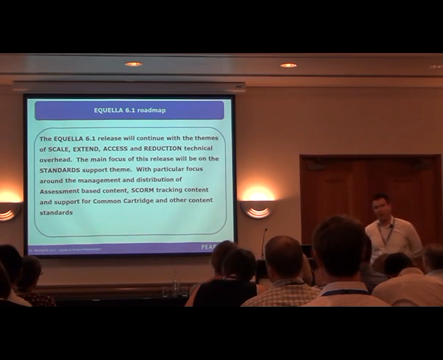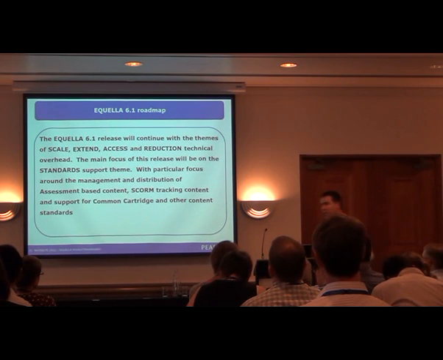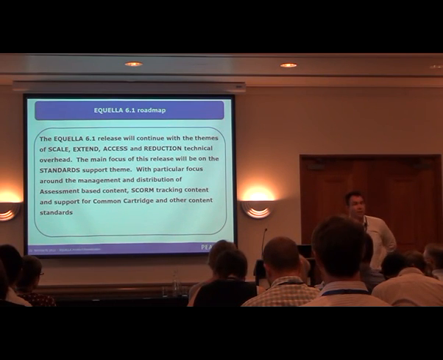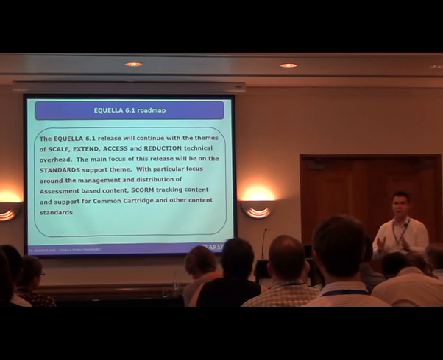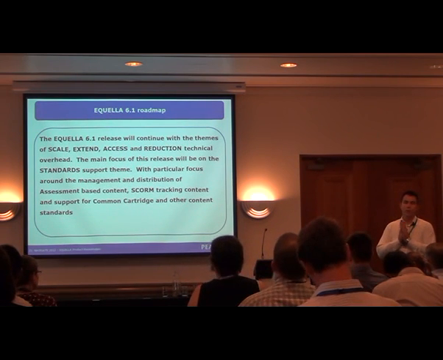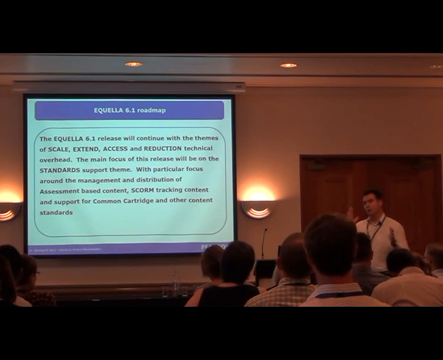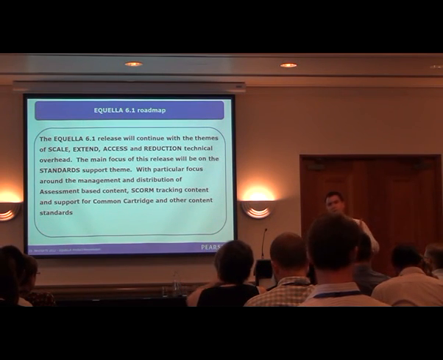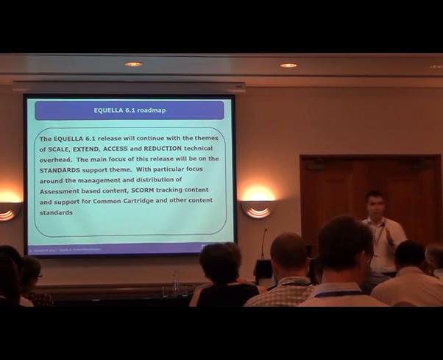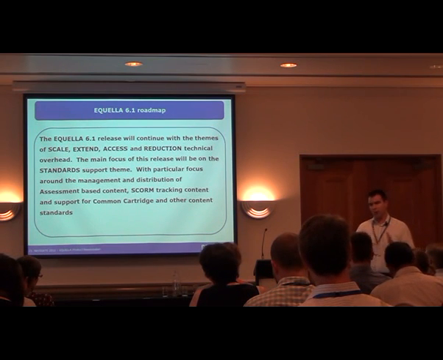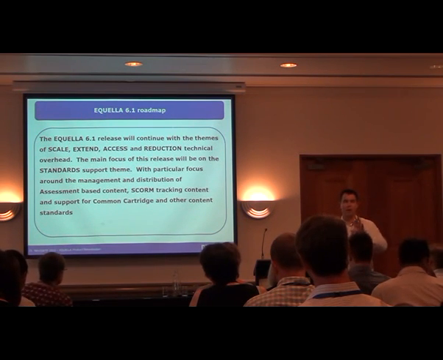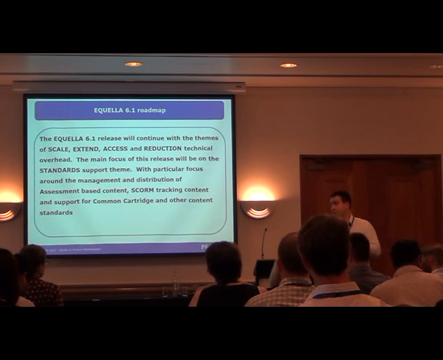One of the things I want to talk about now is the 6.1 roadmap. Some of the things we saw in terms of the themes at the start that I presented were the general roadmap themes, and then we took our feature requests and the general direction we thought the product needed to go, and matched it up against those.